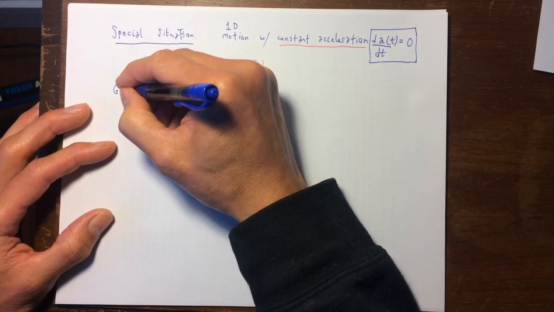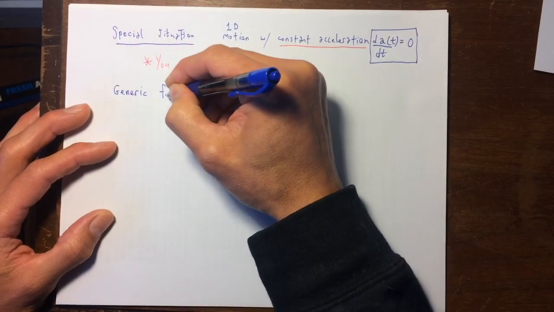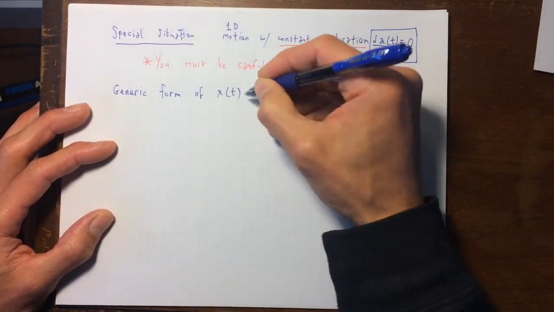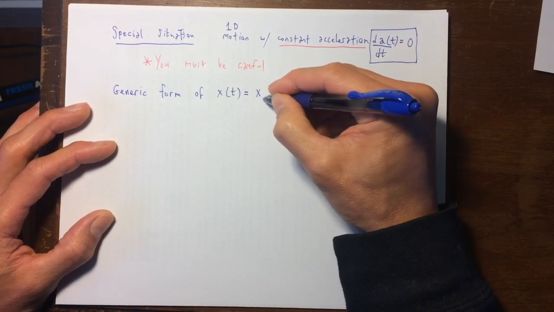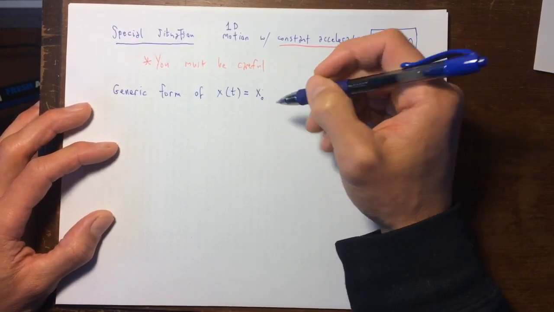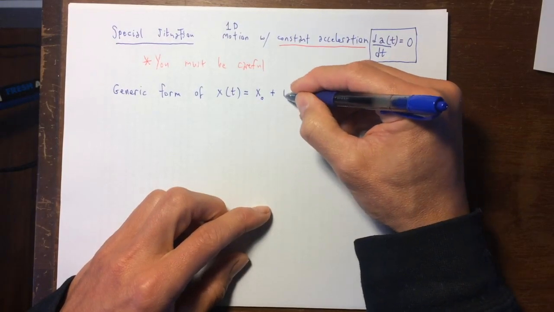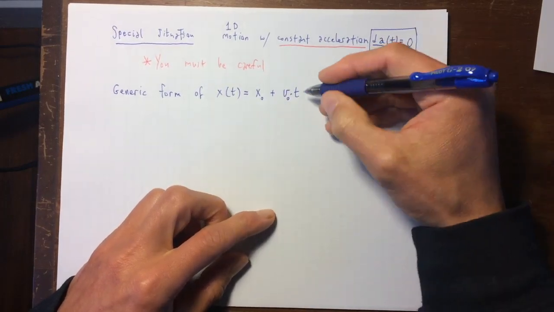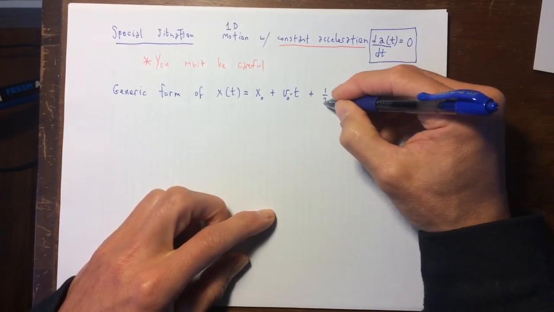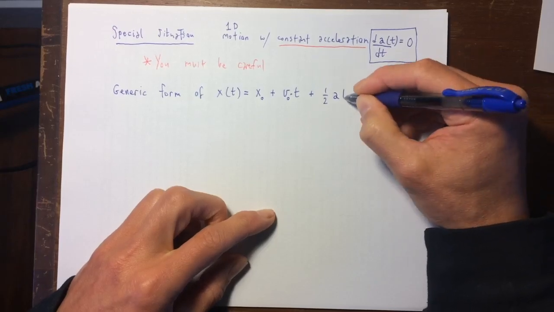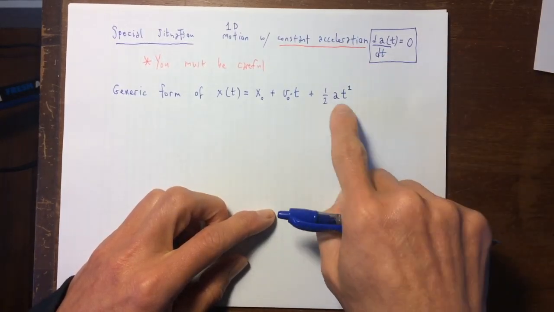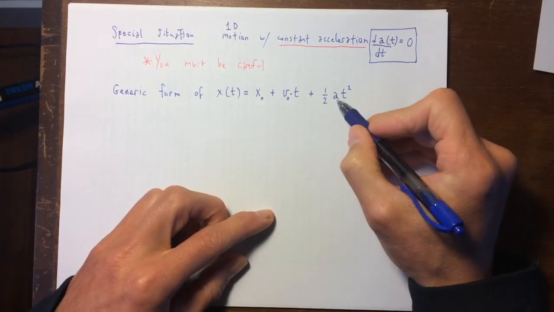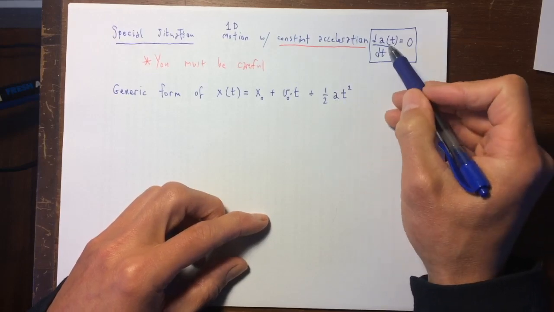So there is a generic form of x of t, and it looks like the following. There is an x sub 0 initial position plus initial speed times time plus 1/2 the acceleration times the time squared, where this acceleration, I don't have a little initial, and nor do I have acceleration as a function of time.